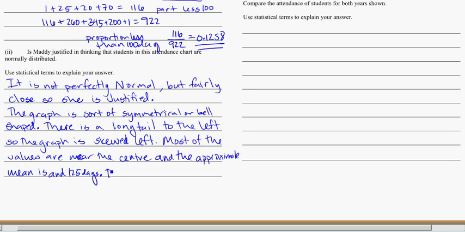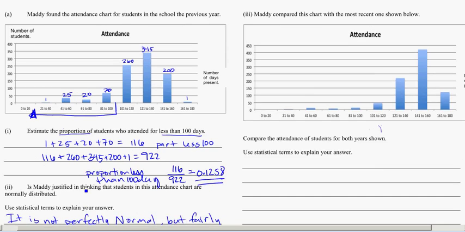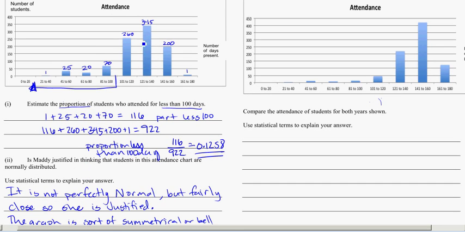What else? Both tails, the extreme values, reduce towards 0. What else can we think about with this one? Thinking about the context, one thing that's true about normal is that the tails should be able to go on forever. So one thing that's slightly weird about this is that we do have limits.